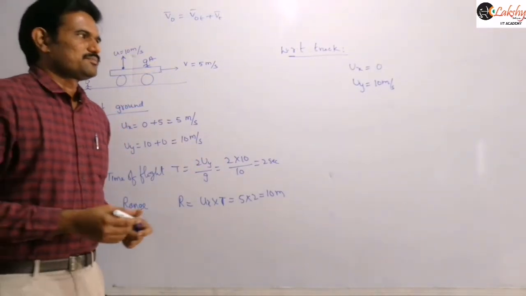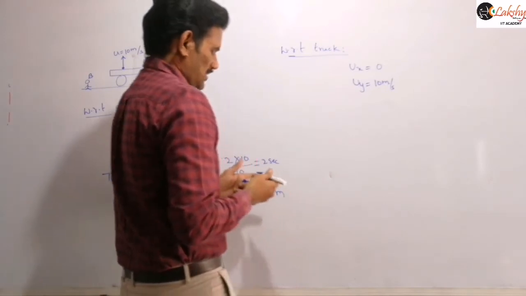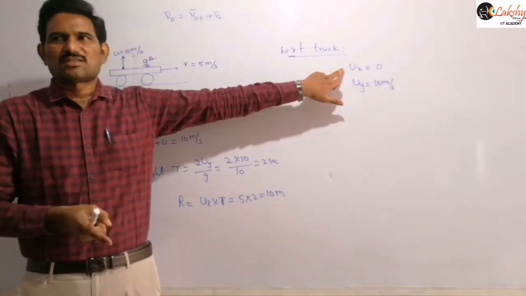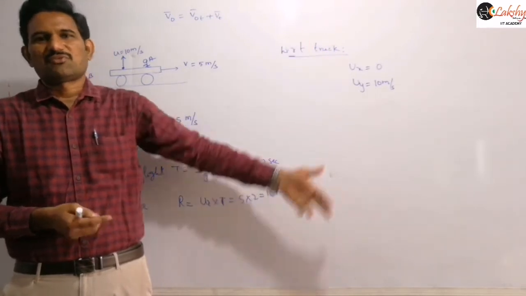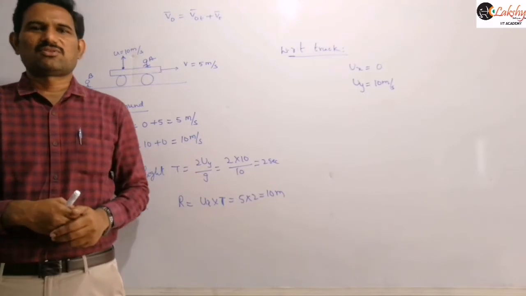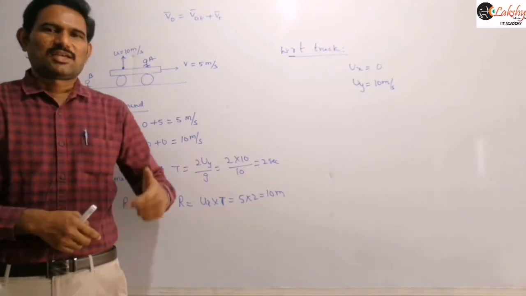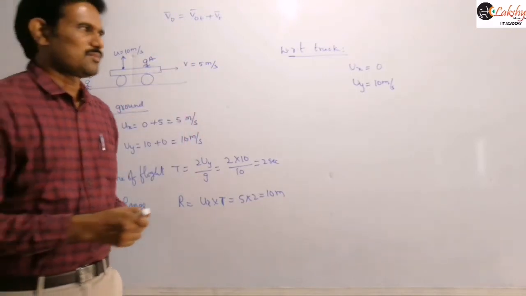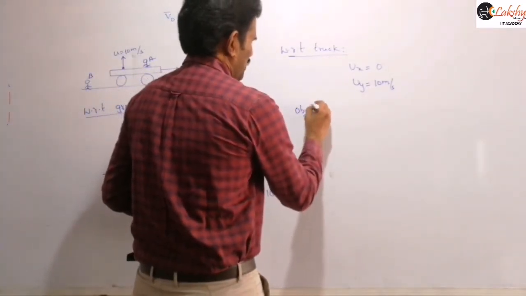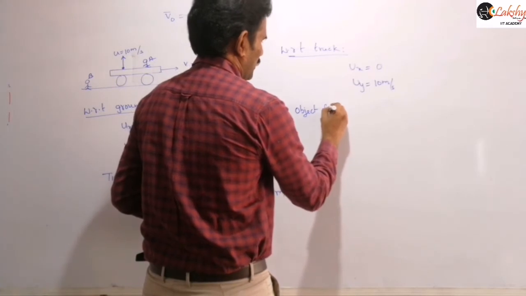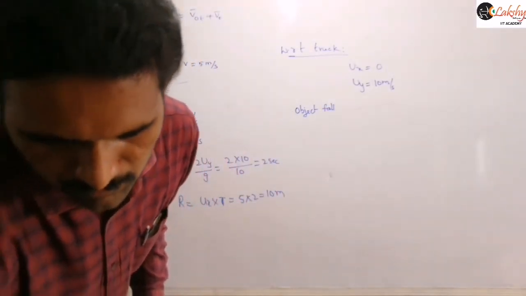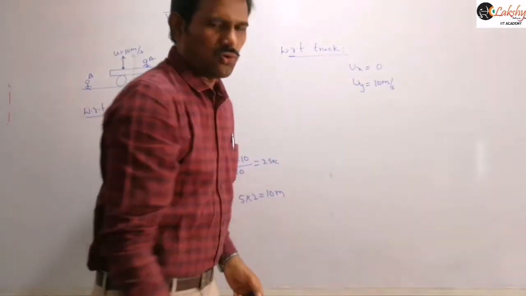And next, from these two values it is clear that there is no horizontal component of velocity. The body has only a vertical component of velocity. So the path followed with respect to this truck is a vertical line. So that means the object follows the vertical path.